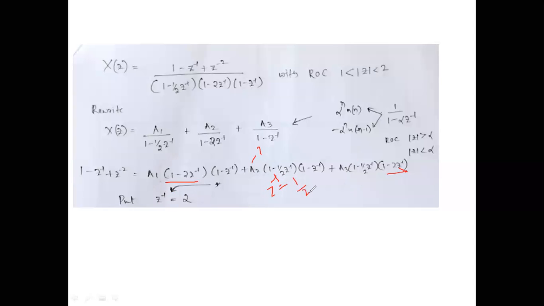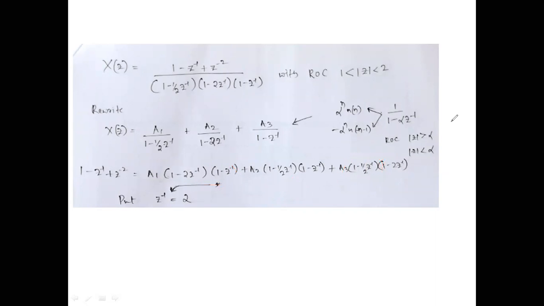Then what's going to happen? 1 minus 2 into 1 by 2 also goes to 0, and this term also goes to 0. Similarly, I can do that for a3 also.